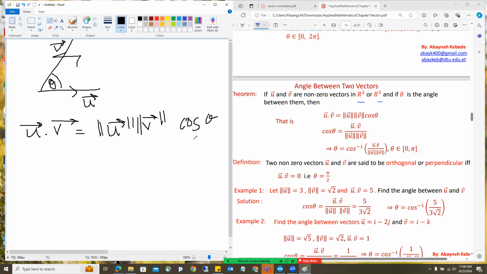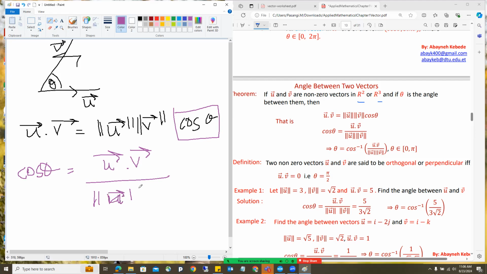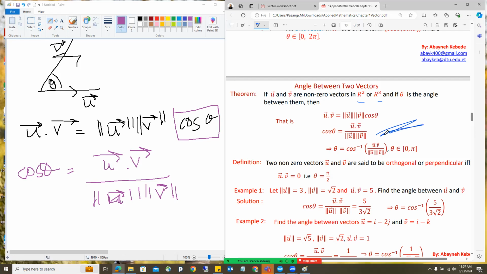Then cos theta is equal to u dot v divided by modulus u times modulus v. This is what we have. Is it clear? Now we have the expression for cos theta.